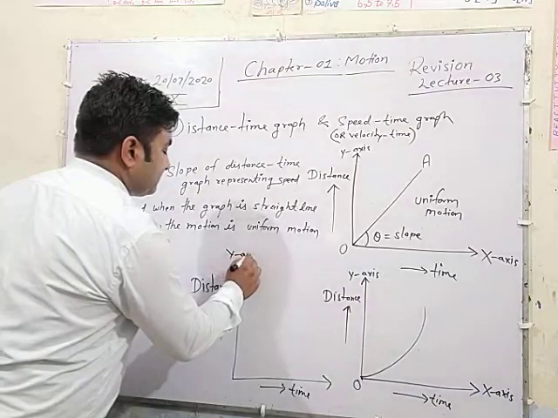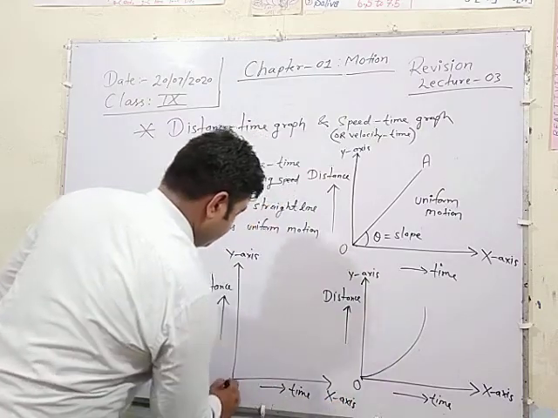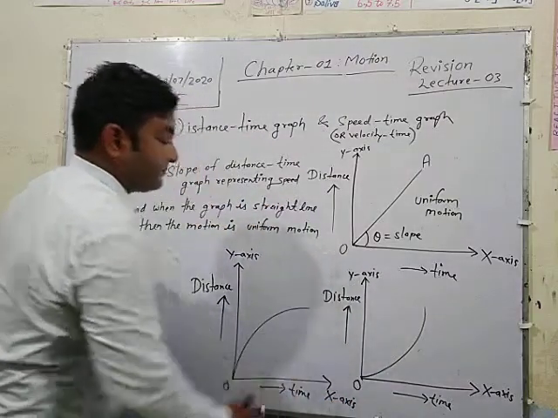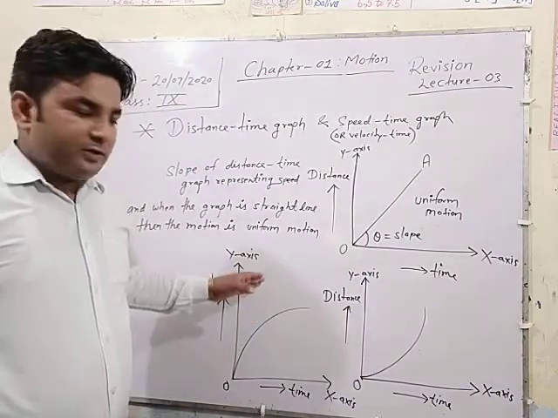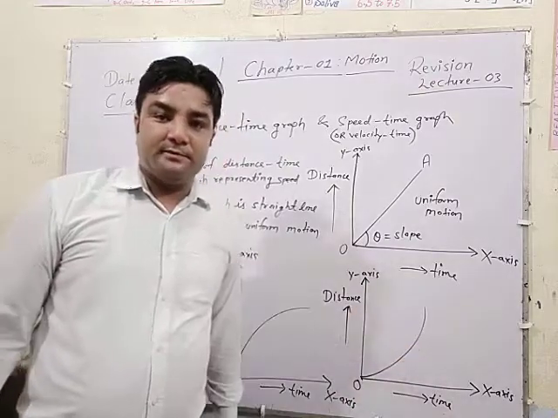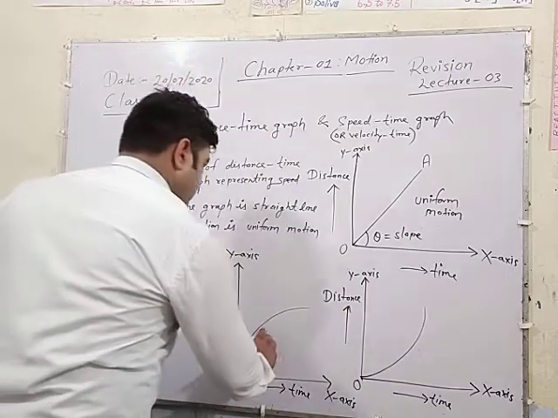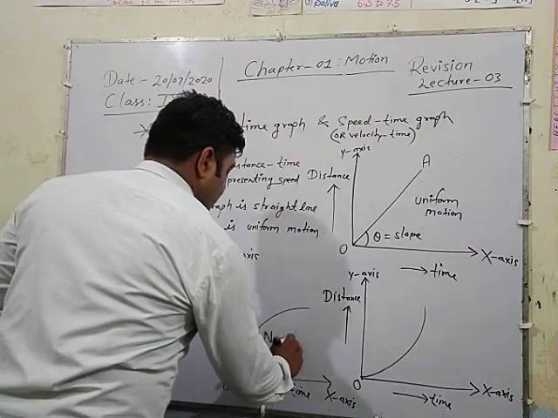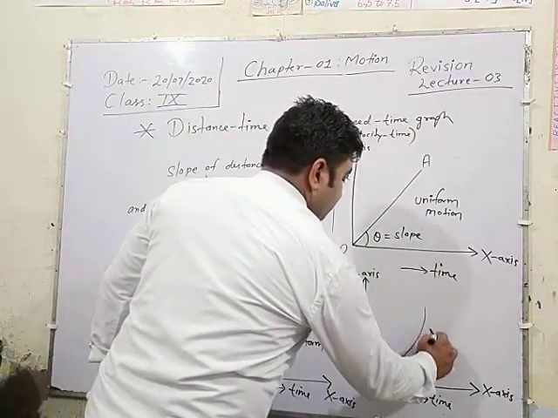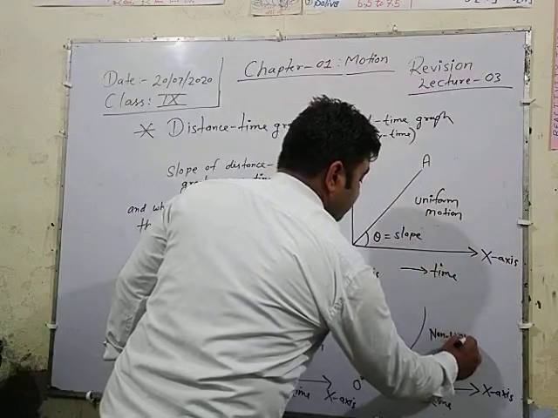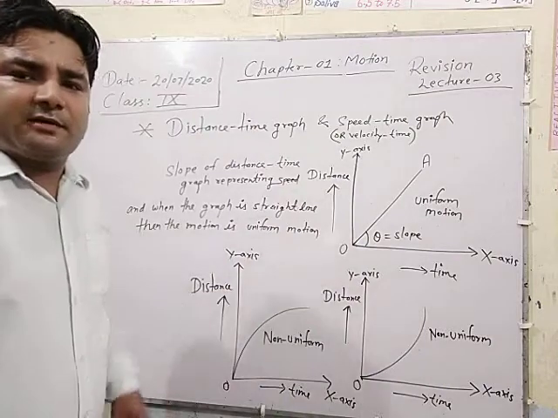This is the y-axis and this is the x-axis. If the graph is in this way, convex upward or convex downward, then in both cases the motion of the body is non-uniform. I think the concept about uniform and non-uniform is clear.